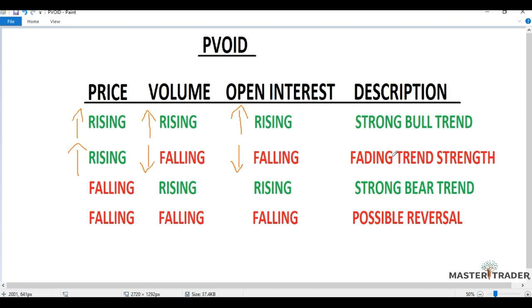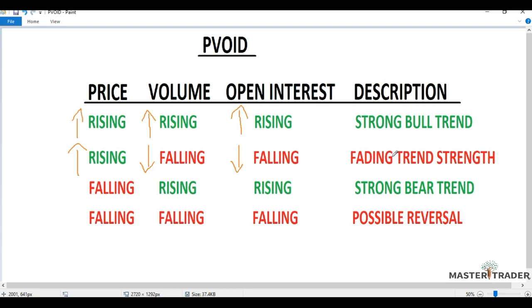So the strength of that trend will start to fade away. Another name for this is long unwinding. The people who were long in that contract may start to book profits, or we may see fresh sellers or fresh bears coming into that contract.